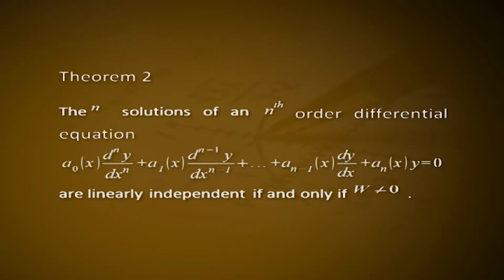Theorem: the n solutions of an nth order differential equation a₀(x) dⁿy/dxⁿ + a₁(x) dⁿ⁻¹y/dxⁿ⁻¹ + ... + aₙ₋₁(x) dy/dx + aₙ(x) y = 0 are linearly independent if and only if the Wronskian W is not equal to 0.